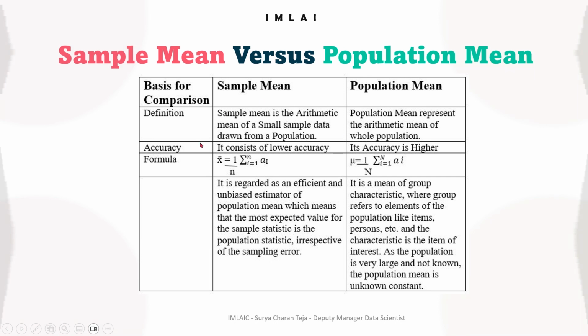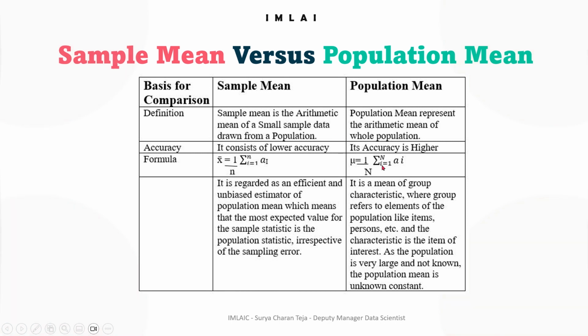Sample mean is known as a statistic, whereas population mean is known as a parameter. So x bar is the statistic and mu is the parameter.